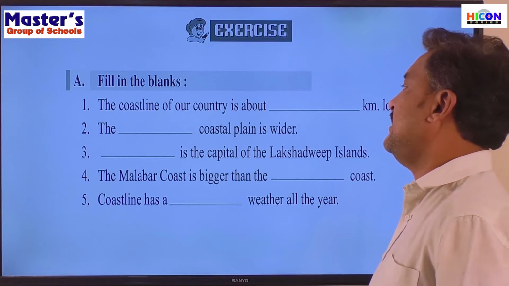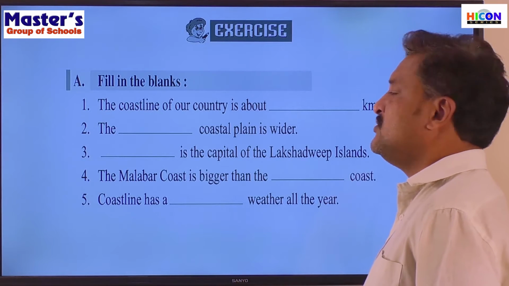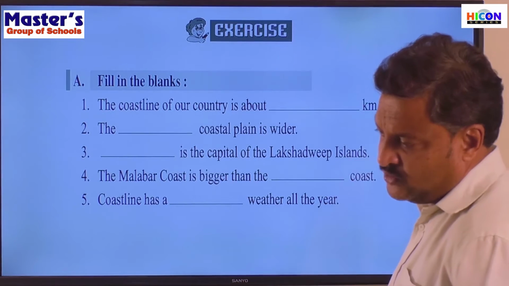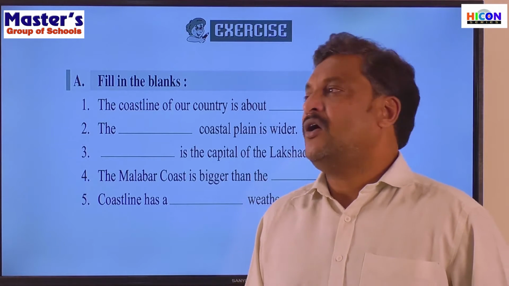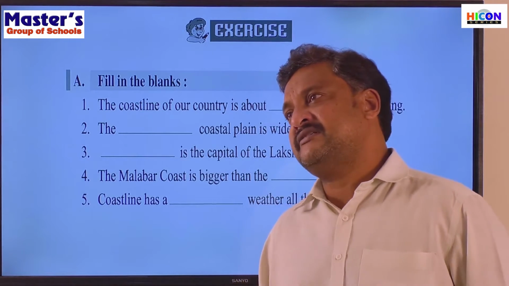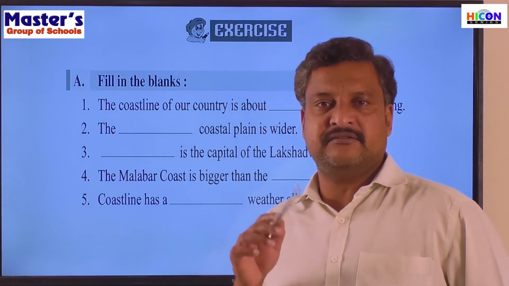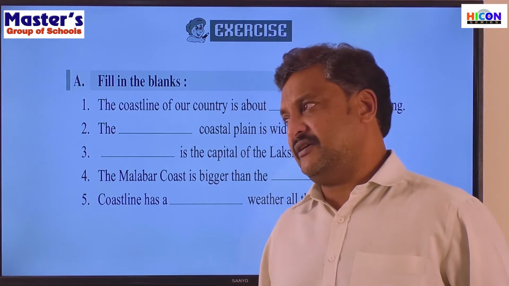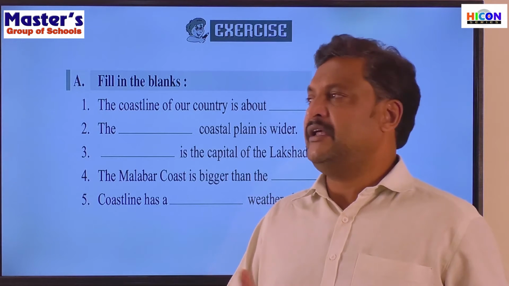Okay. Second, the dash coastal plain is wider. There are two coastal plains, one on the eastern side and one on the western side. On the eastern side, it is between the Eastern Ghats and the Bay of Bengal. And on the western side, it is between the Western Ghats and the Arabian Sea. Out of these two, one is narrow, one is wider.